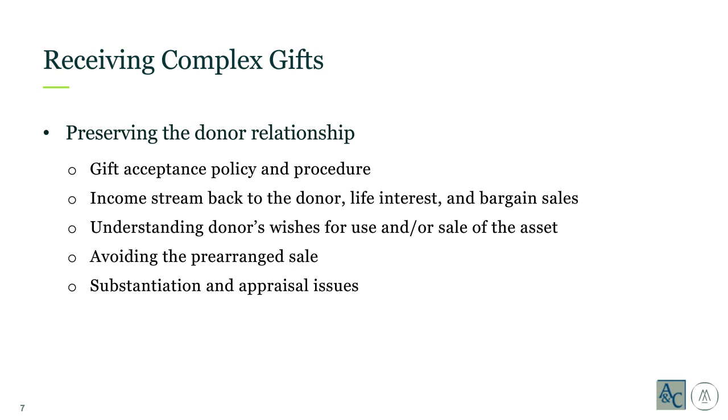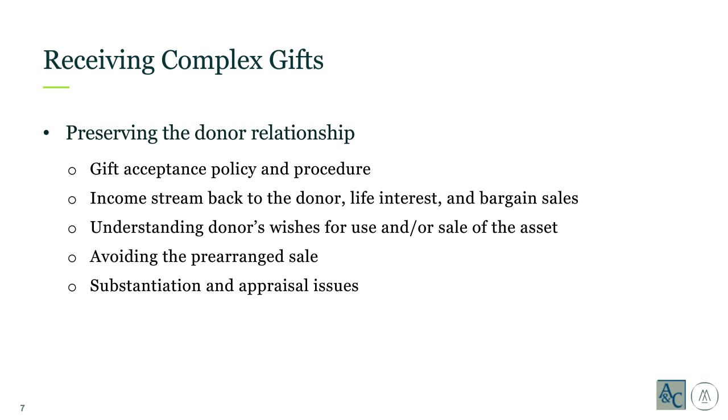Gifts over $500 also require filing a Form 8283, which the charity needs to sign. And gifts over $5,000 require a qualified appraisal. The appraisal is really the donor's issue, but the charity is often in a position to help make sure that the appraisal meets all of the requirements for a qualified appraisal.